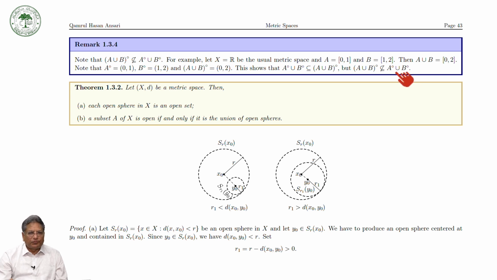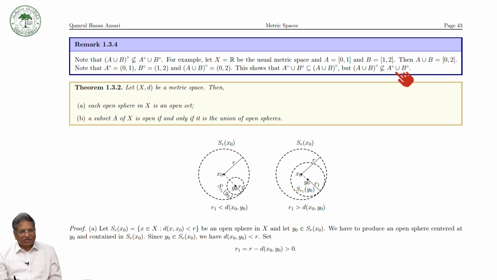Now we will show that in a metric space, each open sphere in X is an open set. Number two, we will prove that a subset A of X is open if and only if it is the union of open spheres.